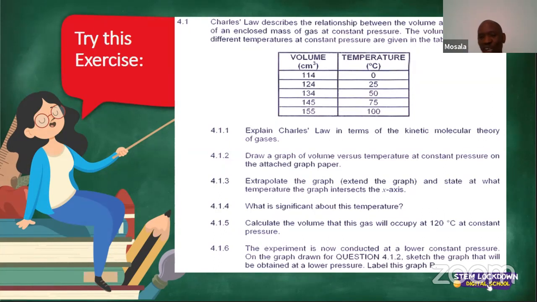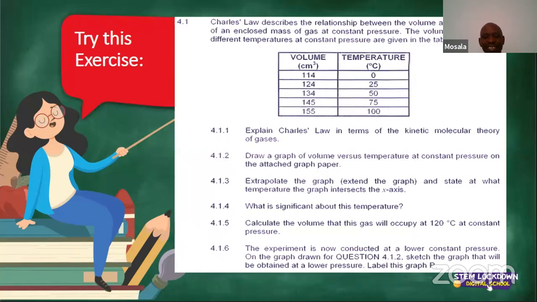And on the issue of the Kelvin scale, temperature with a lab thermometer is normally measured in degrees Celsius. Degrees Celsius is one scale of measuring temperature. But when we are talking about gas laws, most of the time we are using the Kelvin scale.